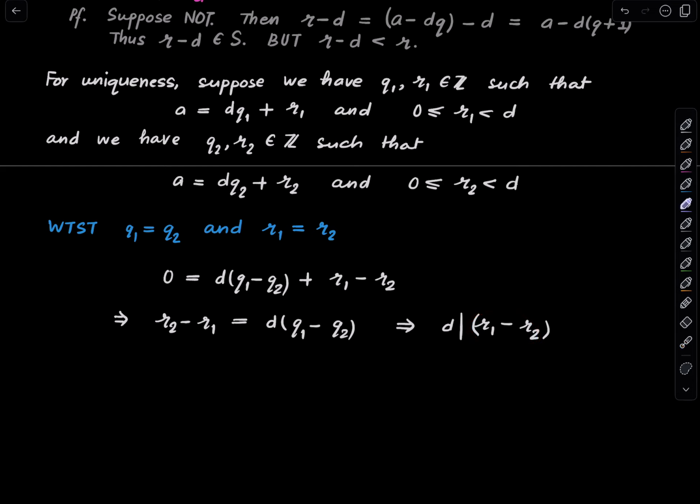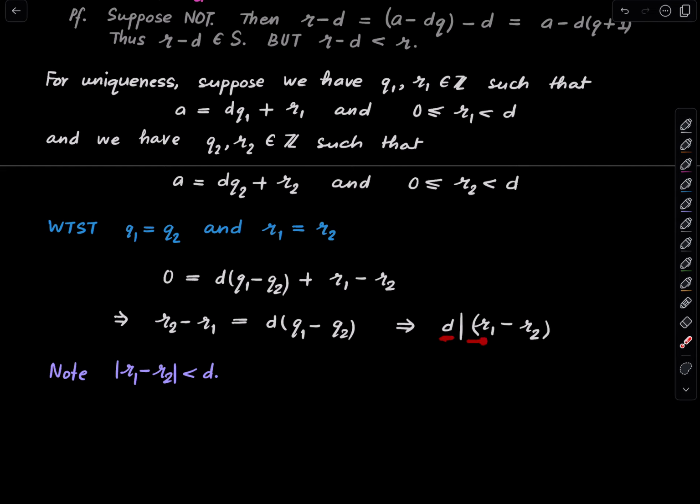So here is the important point to note. The magnitude of this is strictly smaller than d. That's because both of them are in this range. So convince yourself of the truth of this. If you have some positive integer which divides something non-zero, if R1 and R2 were different, then d would be dividing something non-zero, but that something has magnitude smaller than d, which is not possible, right?